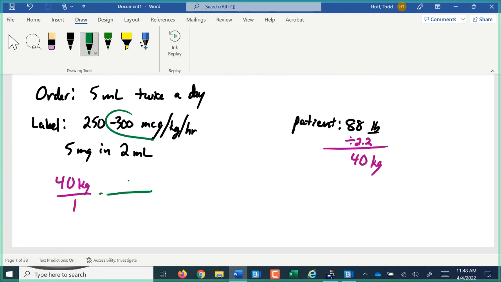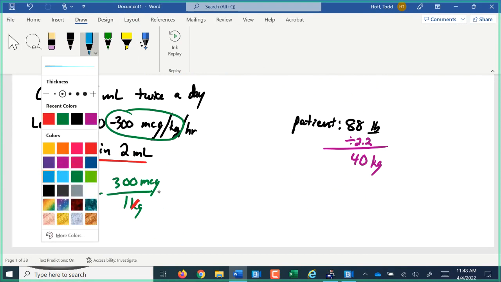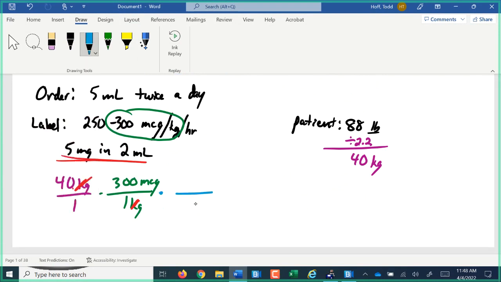We have 300 micrograms per kilogram. I'll cancel out the kilograms. Now we're in micrograms. The next level on the bottle is in milligrams, so we do have to make that conversion. That's a standard conversion, so we don't need any label equivalency. We know that 1,000 micrograms equals 1 milligram. Now we're in milligrams, so we can use that next conversion, 5 milligrams into 2 milliliters.